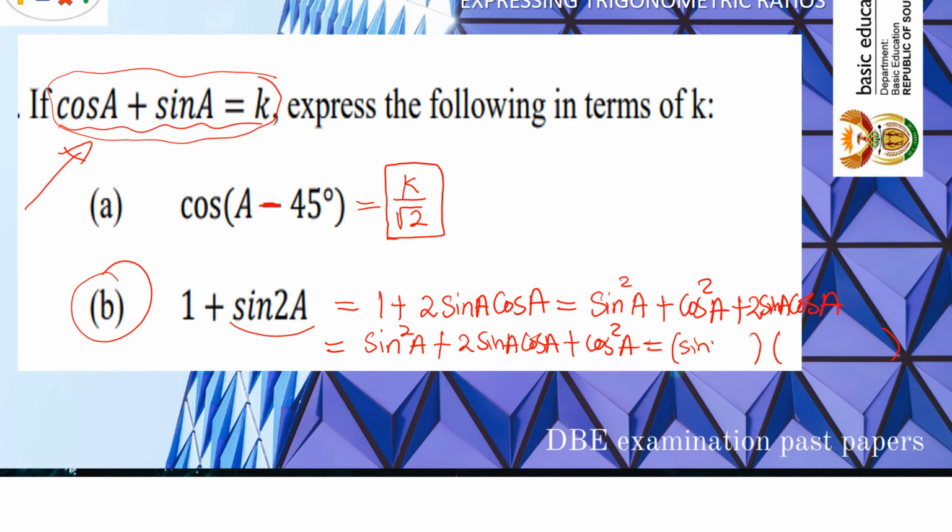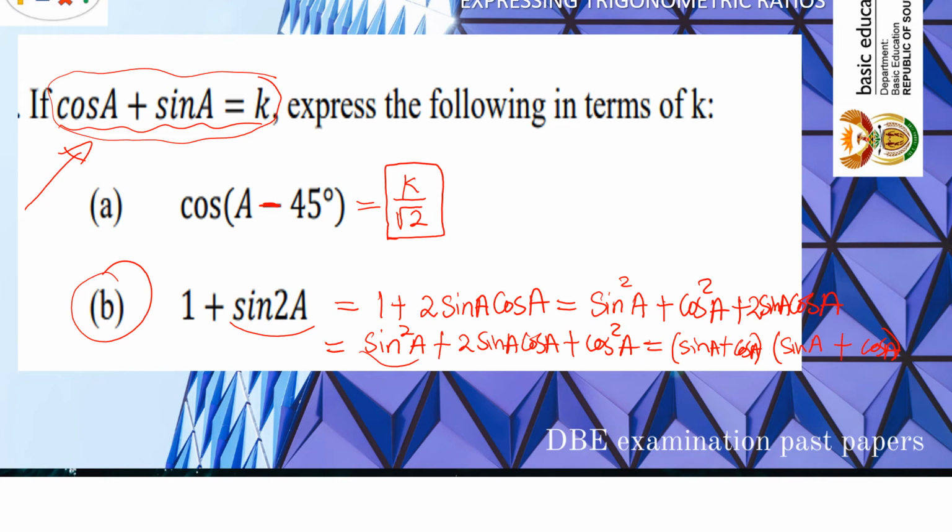Then we can put sine A there, sine A there, so that sine A times sine A still gives us sine squared A. Then I can put cos A here and cos A here, so that cos A times cos A gives me cos squared A. To get 2 sine A cos A, then it must be plus and plus, right?